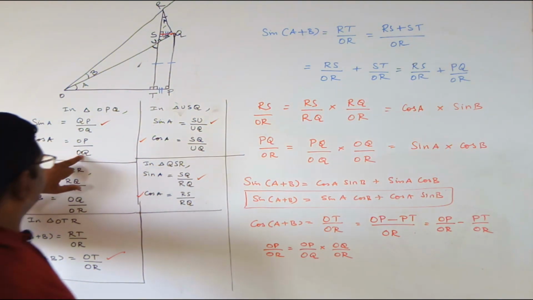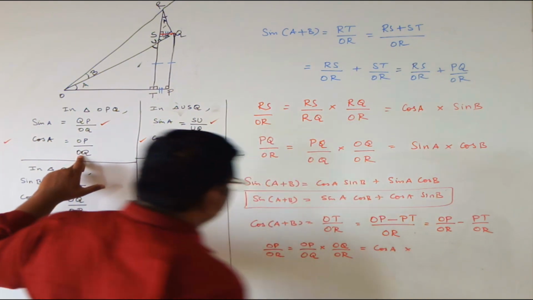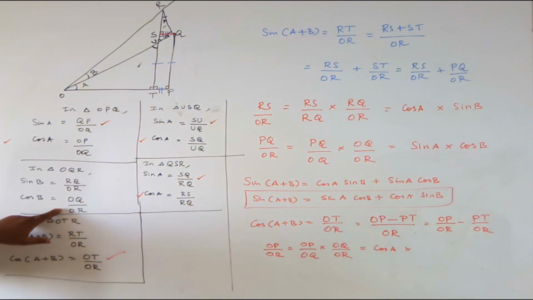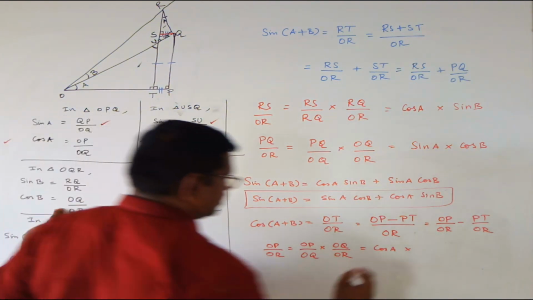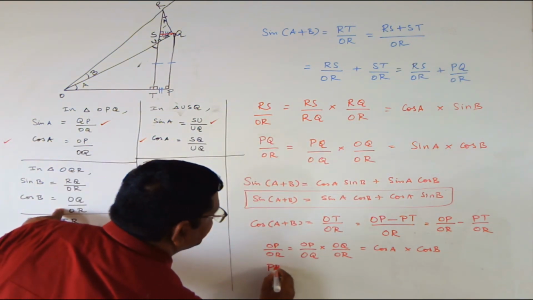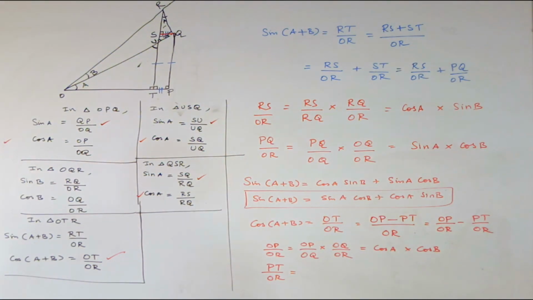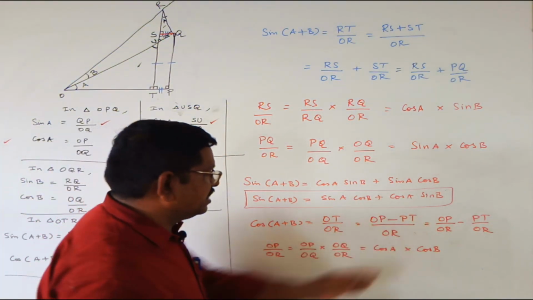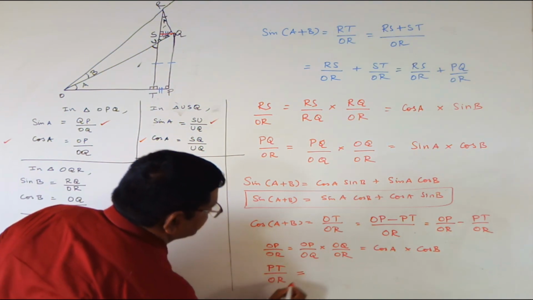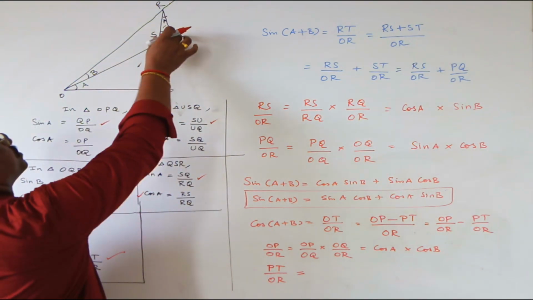So what is OP by OQ? That is nothing but cos A, into OQ by OR. OQ by OR is nothing but cos B. Already we have got the result, cos B. Now let us take the second one, that is PT by OR. This PT is the side which is equal to SQ.